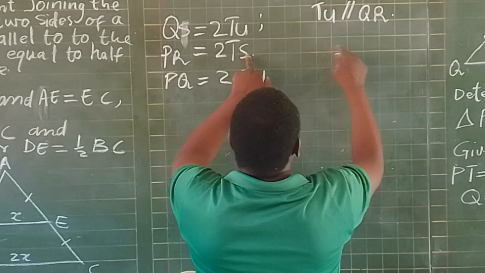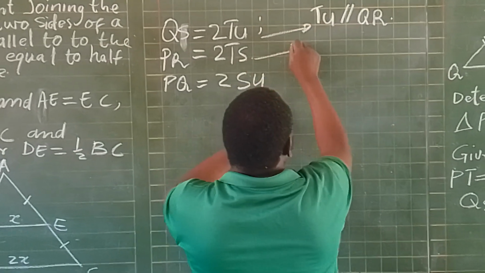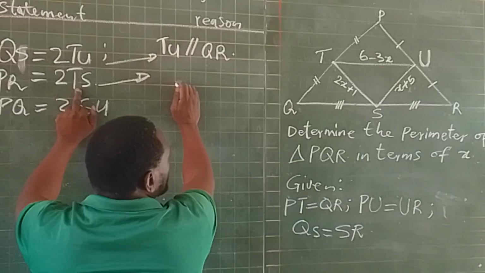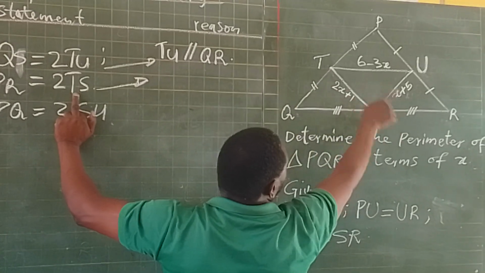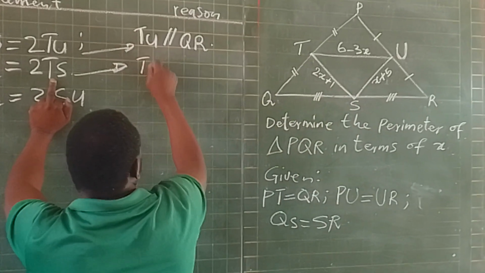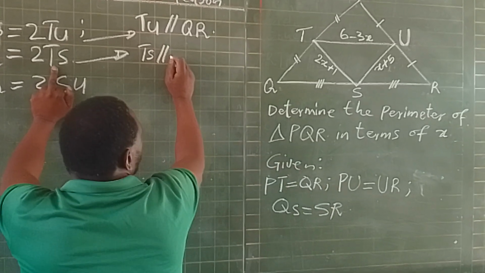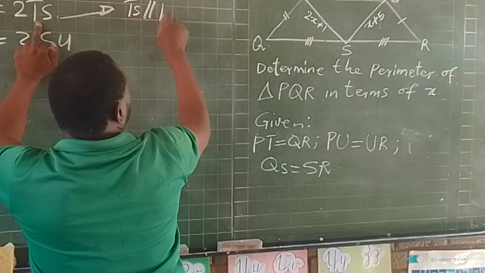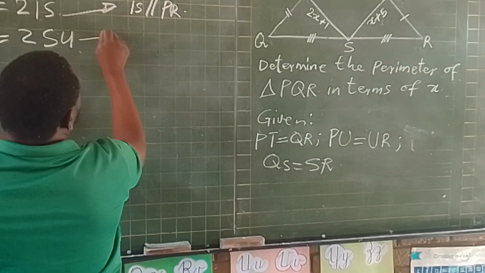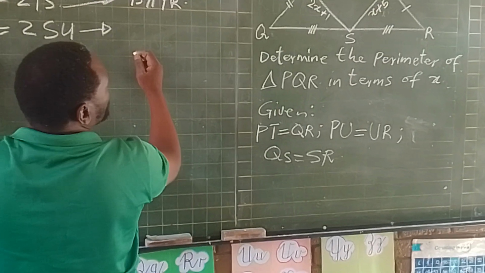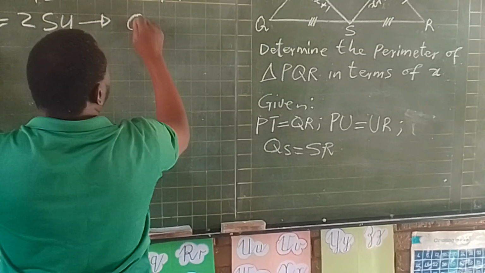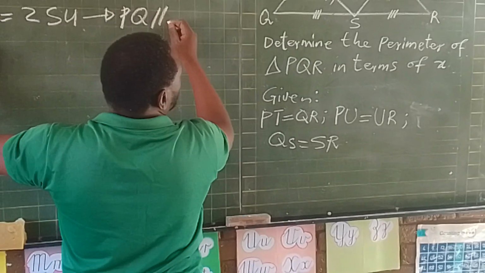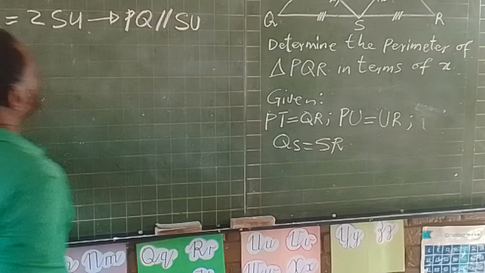The reason being that TS is parallel to PR, and PQ is parallel to SU. Right, this is all we have.